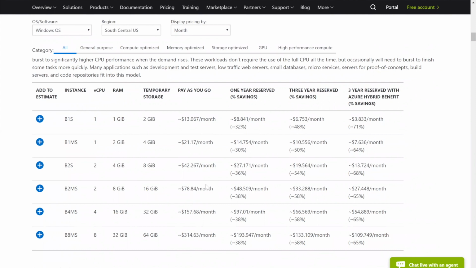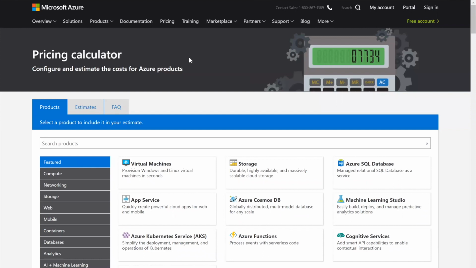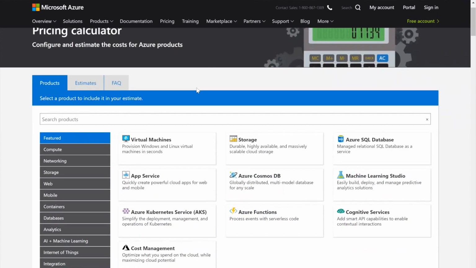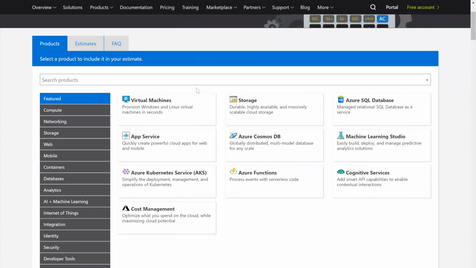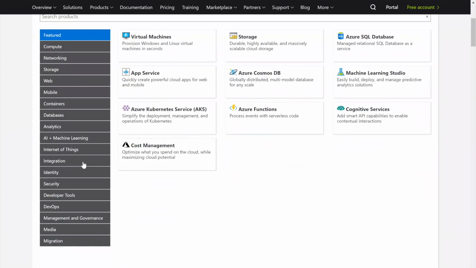The third way to do it is by using a tool that Microsoft provides called the Azure Pricing Calculator. And the Azure Pricing Calculator is a very powerful and very robust type of tool. It has all of the various Azure products, everything from compute, networking, and storage, all the way to all of the platform services such as web apps and SQL and all kinds of database and containers, everything else that Azure has.